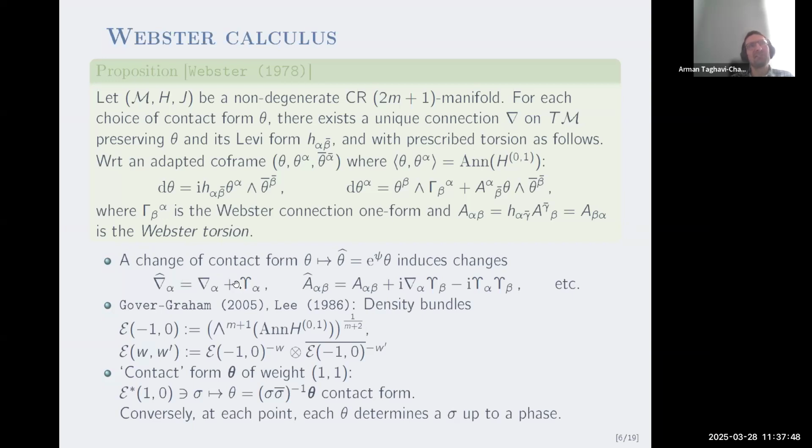It's actually more complicated than it looks. And this torsion A also changes in a particular way. This epsilon here is essentially the exterior derivative of this psi, which is in this conformal factor.